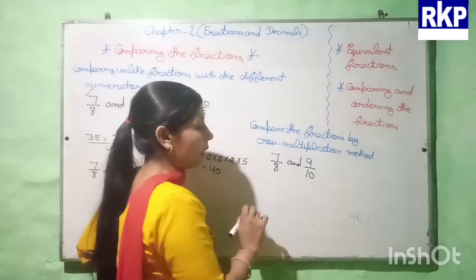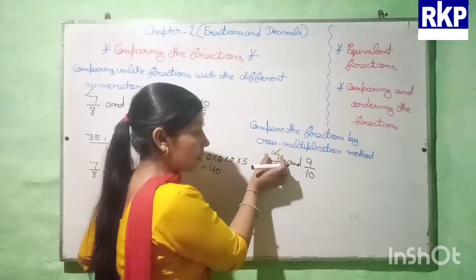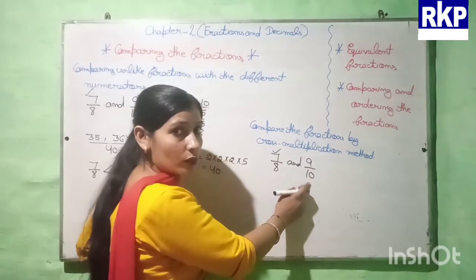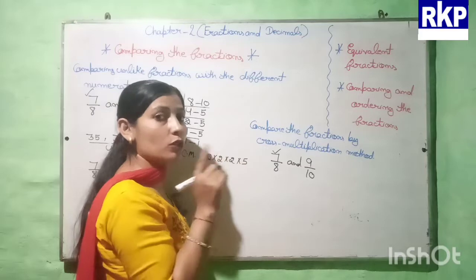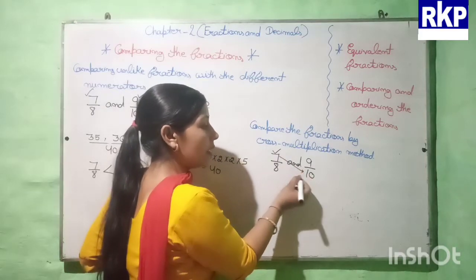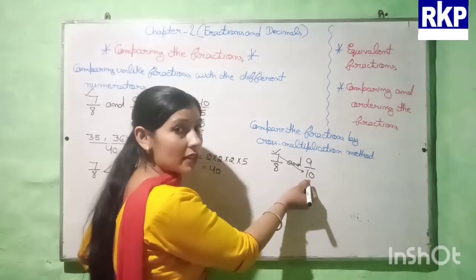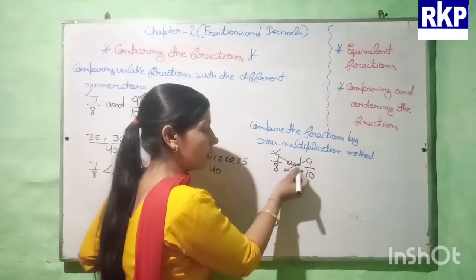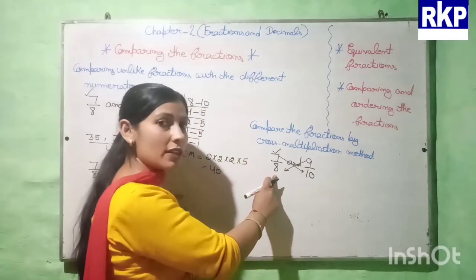We have to multiply the numerator of the first fraction with the denominator of the second fraction, and the numerator of the second fraction with the denominator of the first fraction.